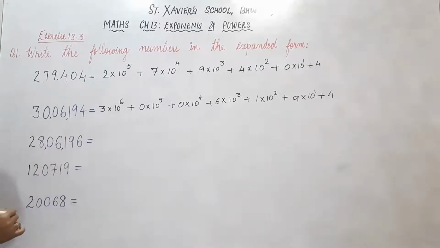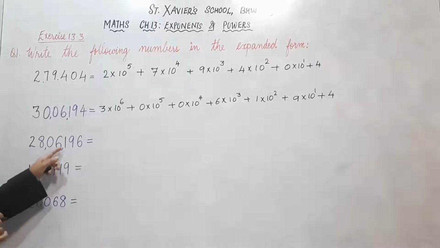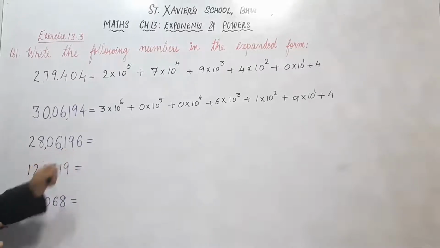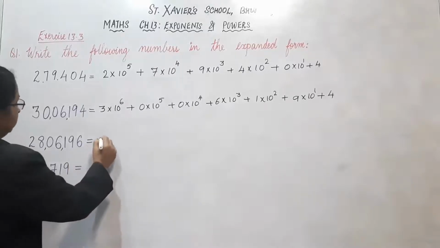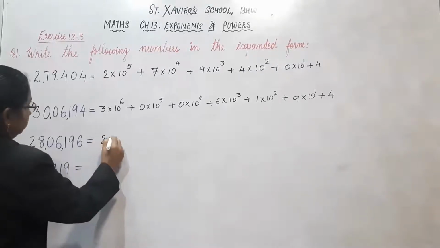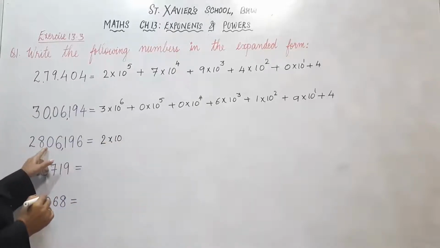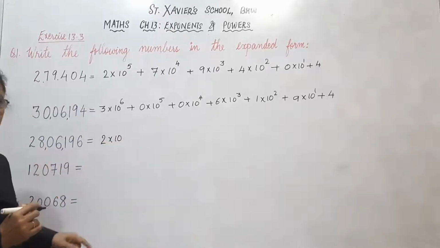So it is easy for us to read, that is 28,06,196. So total 7 digits are there. After writing the first number, we will write 2 into 10 raised to. After 2, how many digits are there? 1, 2, 3, 4, 5, 6. Okay.